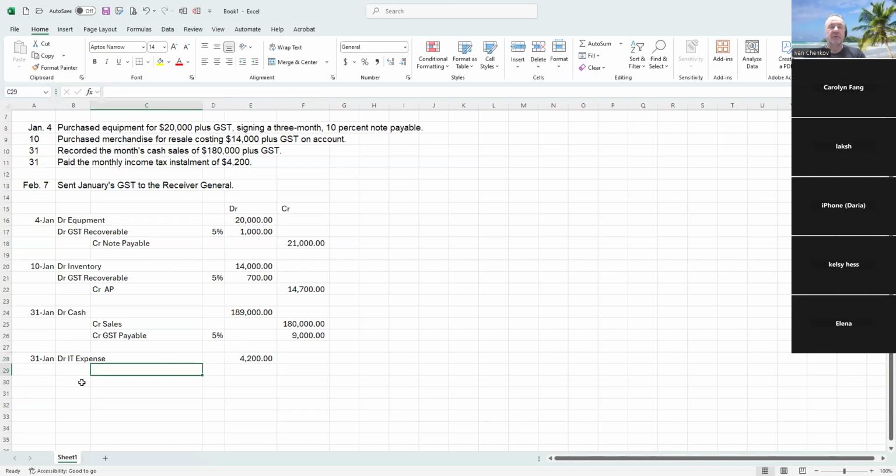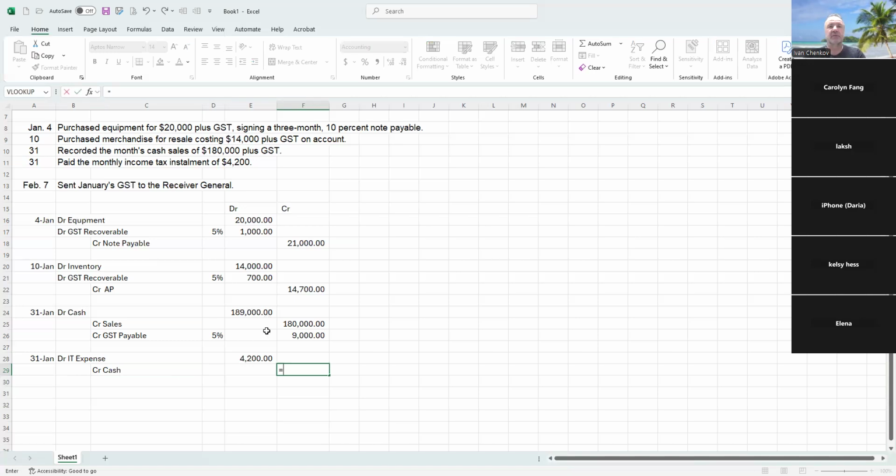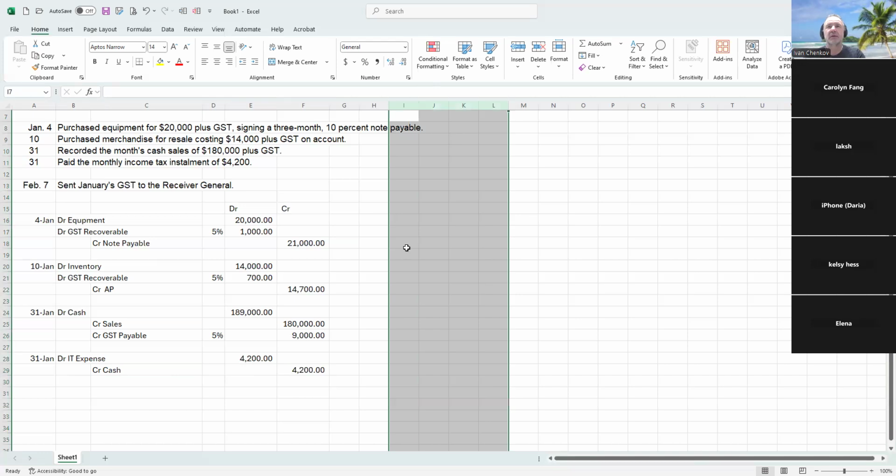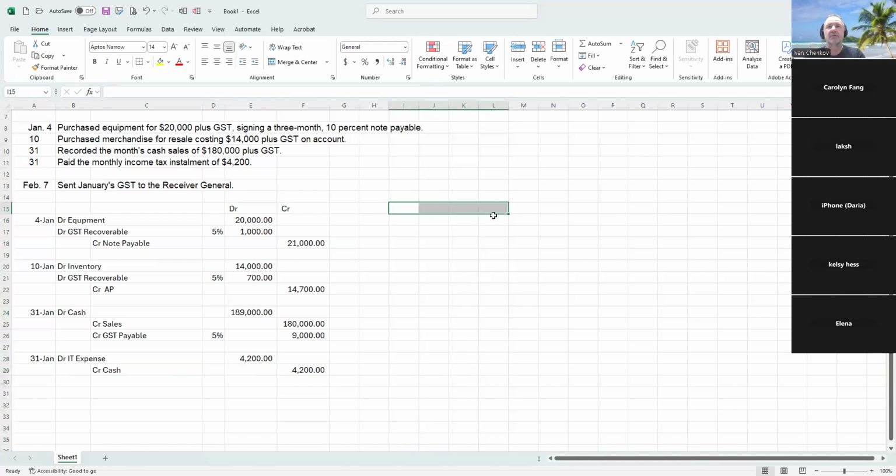That's for my installment. Credit. Which account? Cash. Are there any other options for the credit account when I'm dealing with the government? No. Government doesn't accept notes payable. They don't accept anything other than cash.